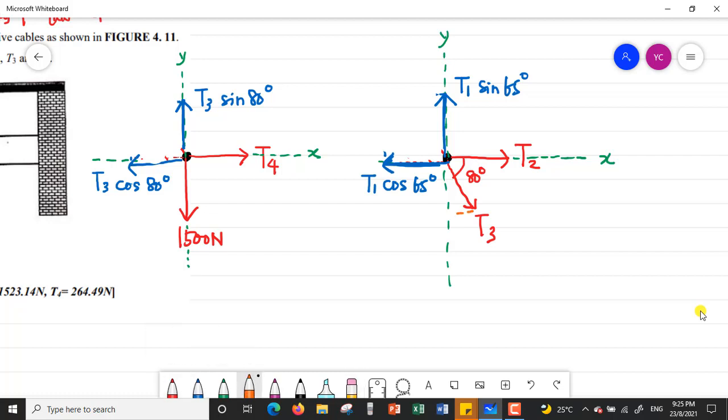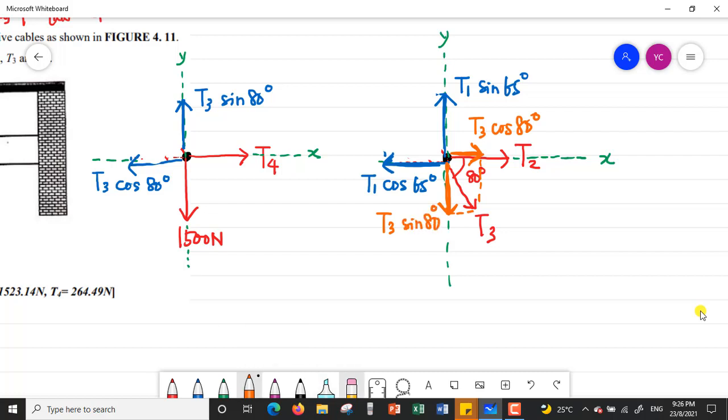So I resolve my T3. I'll have component X as T3 cos 80, and then component Y as T3 sin 80.